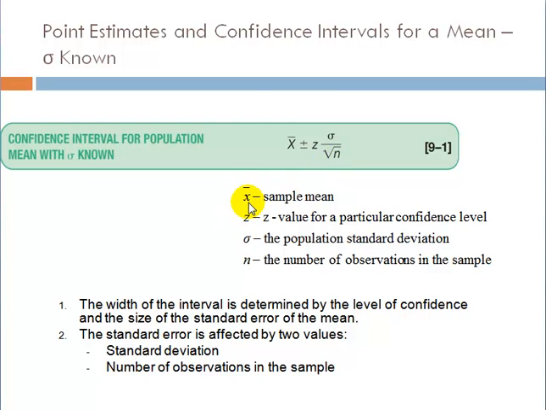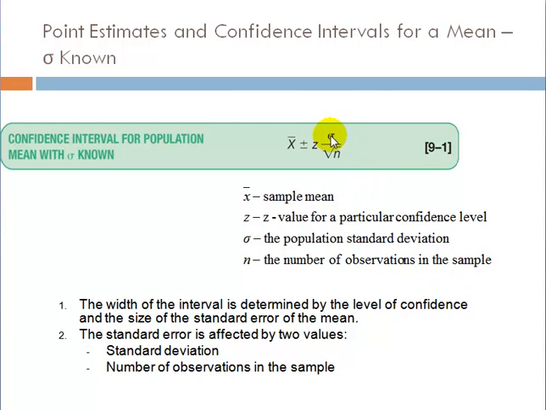X bar is the sample mean. Z is the z value for a particular confidence level. Usually the confidence level is given information. Sigma is the population standard deviation. N is the number of observations in the sample.